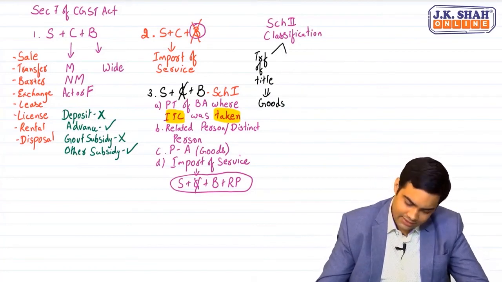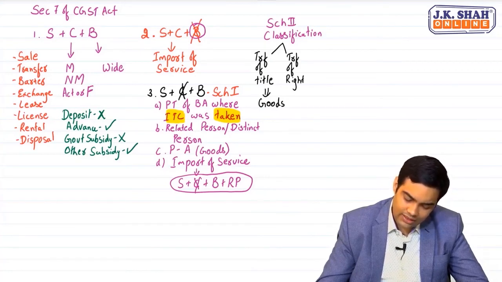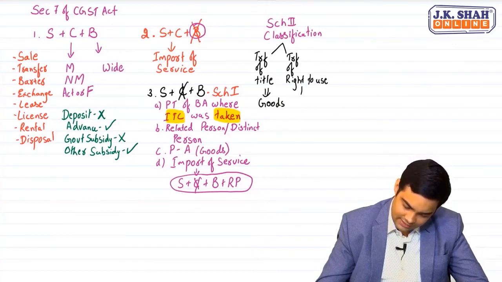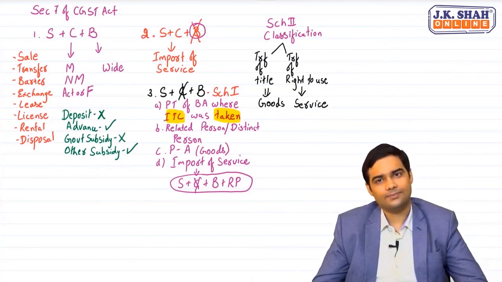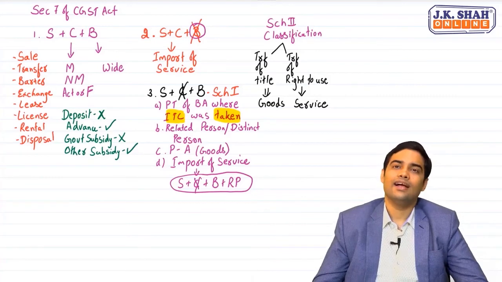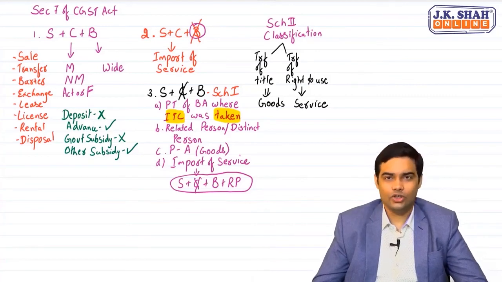But whenever there is a case of transfer of right to use, see, you are not giving the title, you are allowing the right to use that particular product, in that case, it would be regarded as a supply of service. Clear? This is about Schedule 2.